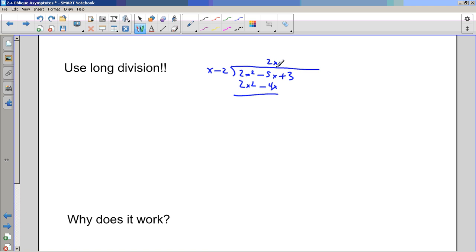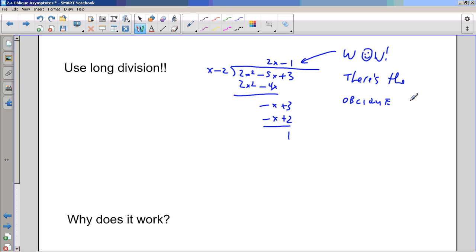Then I subtract here and I get negative x, bring down the 3. Negative 1 is the next thing that works. Negative x plus 2, and that's amazing. Look at that. There's the oblique asymptote. Amazing.